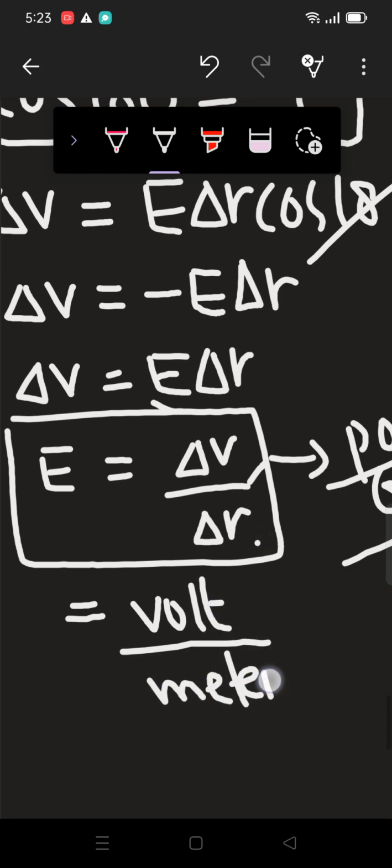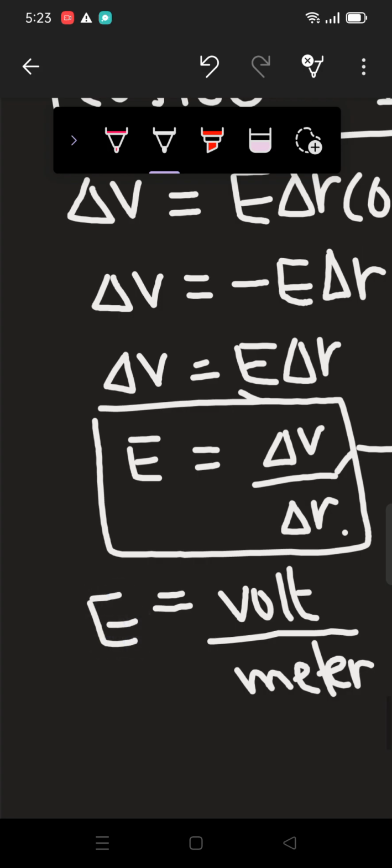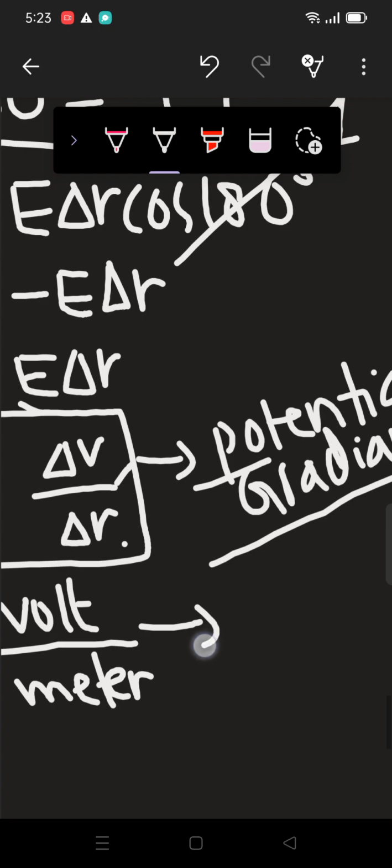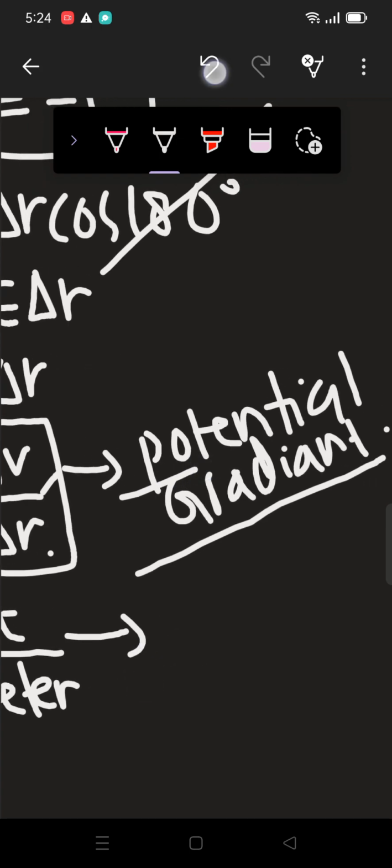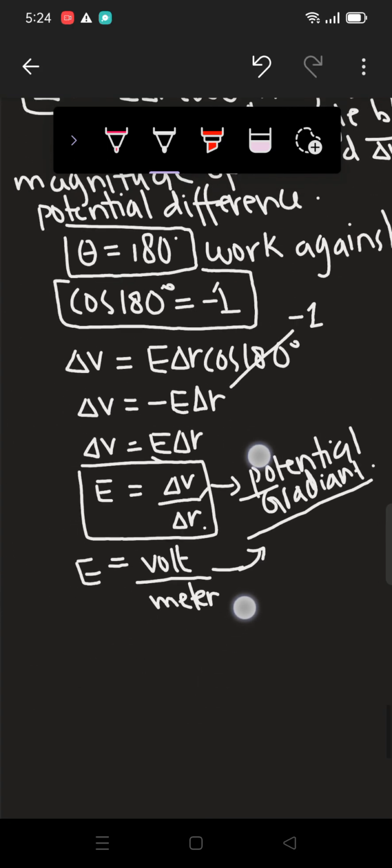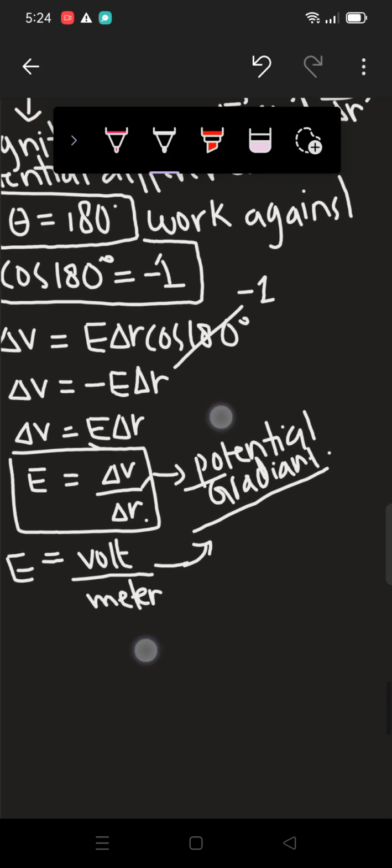So we got that electric field is also equal to volt per meter, and volt per meter is also a unit of potential gradient. That day I just told you this, but today we have derived it as well. So this is basically the potential gradient.